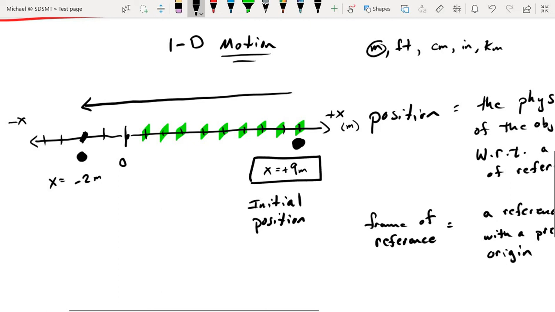Initial because this is where we initially started. And we are going to incorporate a subscript of 0. Some books will incorporate a subscript of I for initial, but there are some books that prefer to use the 0.